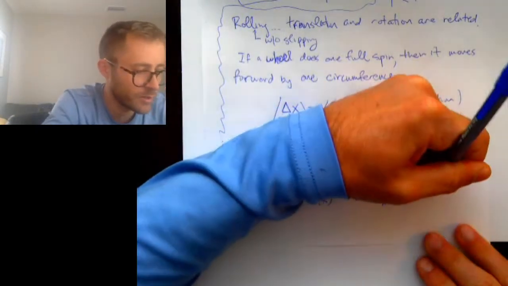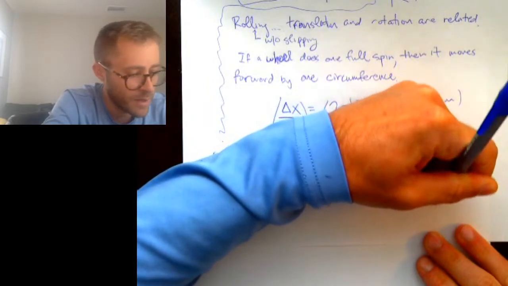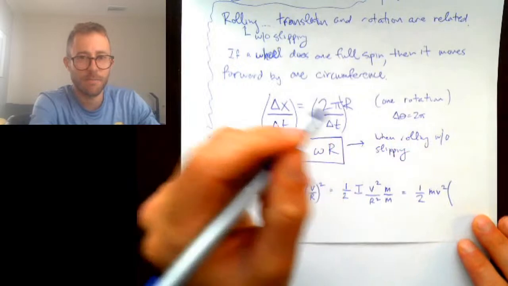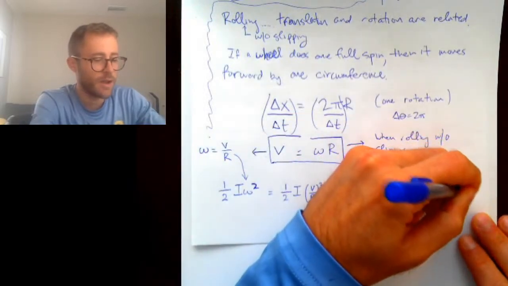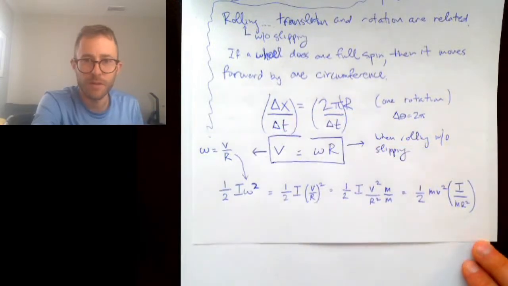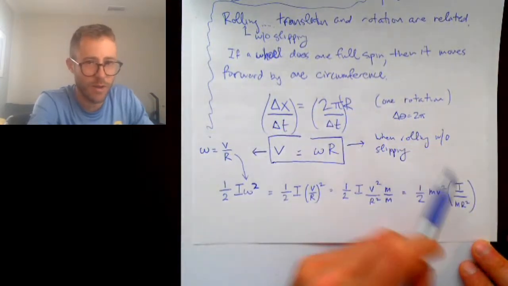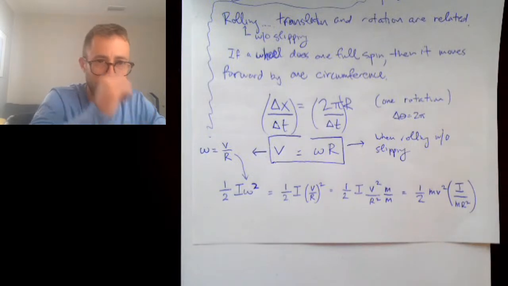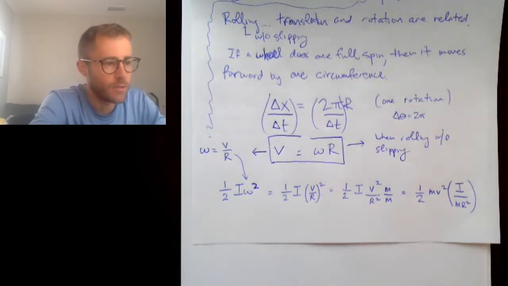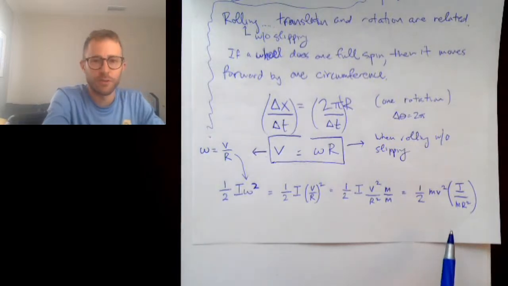And so I can write this as 1/2 mv squared times the quantity I over mr squared. So this is another weird way of writing the rotational kinetic energy. And there's a reason why I'm going to do that.